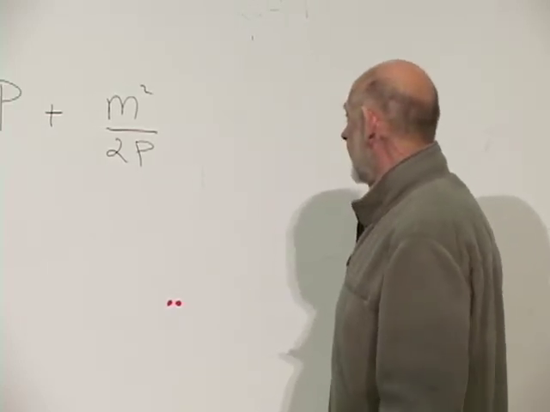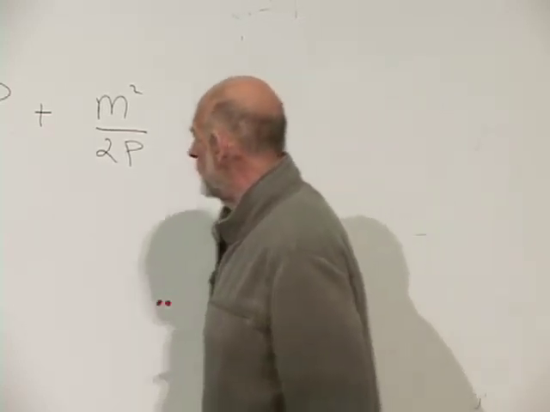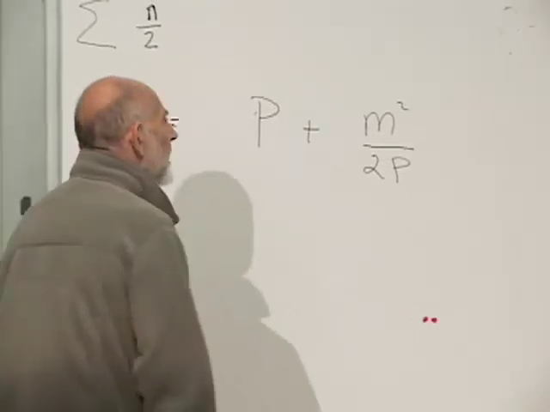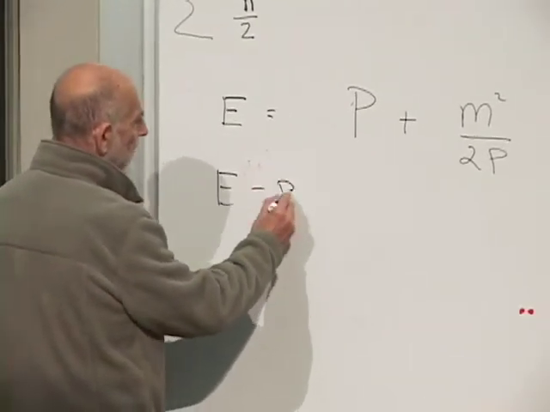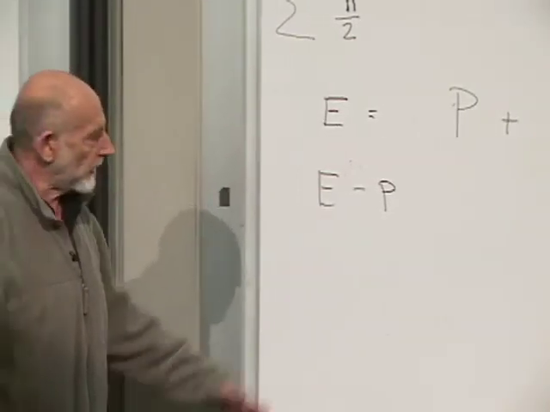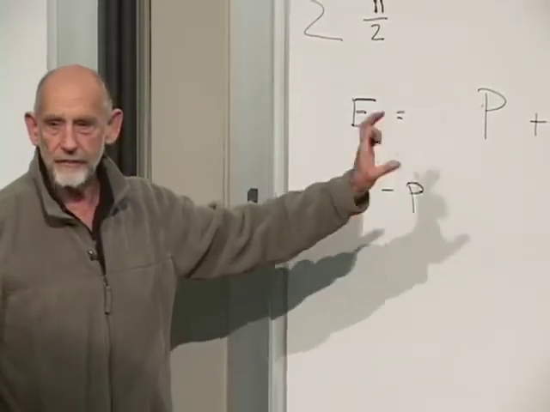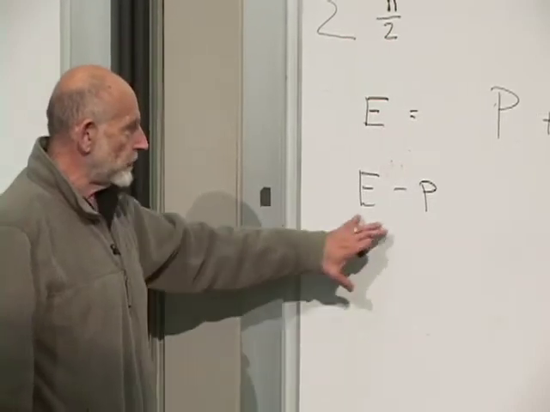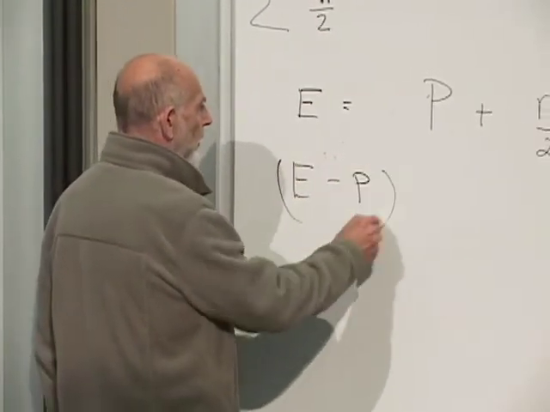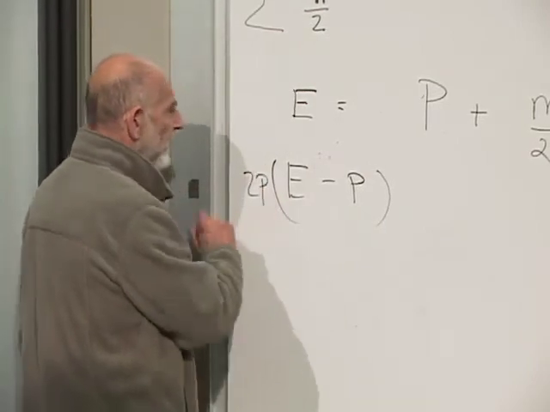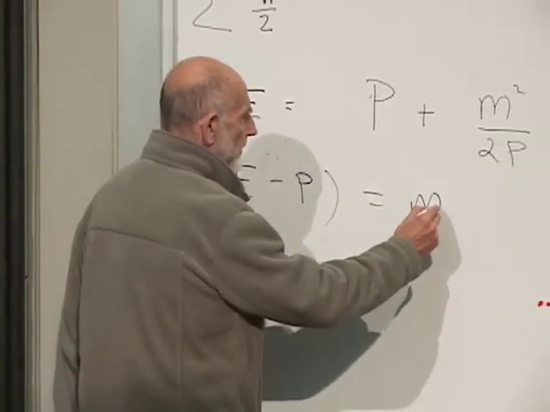You say, well, wait, if I want to take the form of infinitely large energy, this thing just goes to 0. But what you really do is you take E minus P, you subtract the momentum from the energy. That's all right. This is a perfectly conserved quantity, never changes. If it never changes, you don't care very much about it. And then multiply the whole thing by, let's say, 2p. And that gives you m squared.